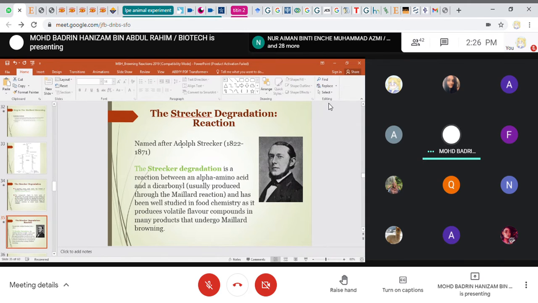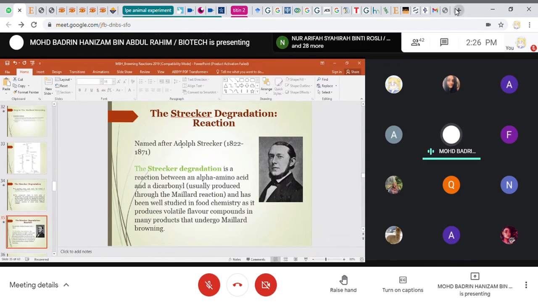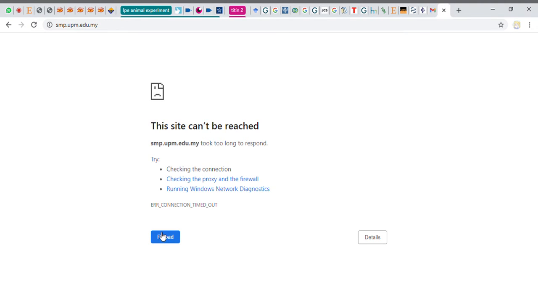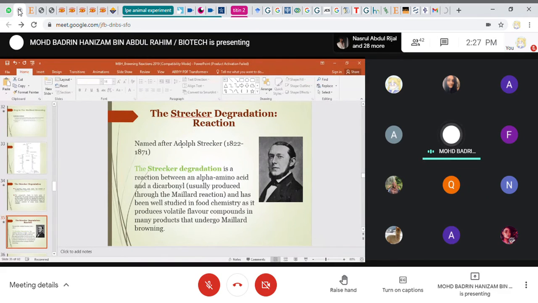I hope you know now what an alpha amino acid is. A dicarbonyl is a two-carbonyl compound, usually produced through the Maillard reaction, and has been well studied in food chemistry. It produces volatile flavor. Lots of volatile flavors, hundreds of thousands, can be formed from this degradation in many products that undergo Maillard browning.